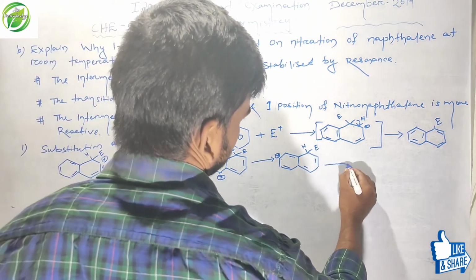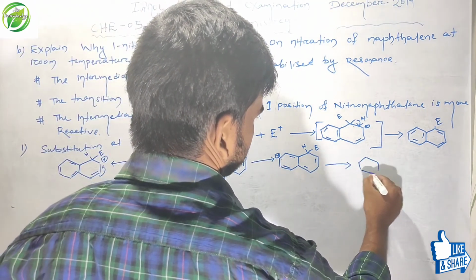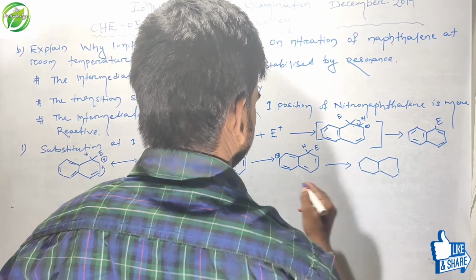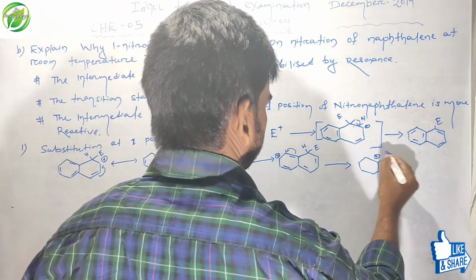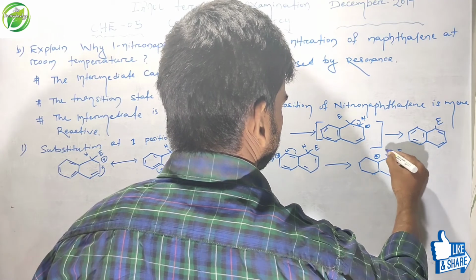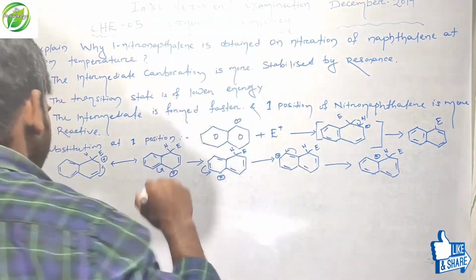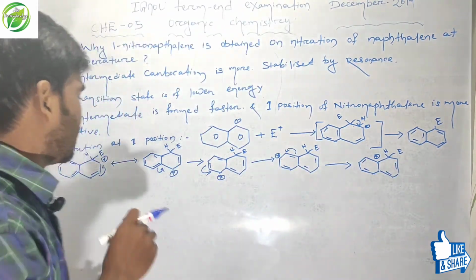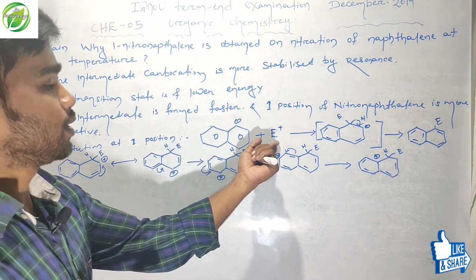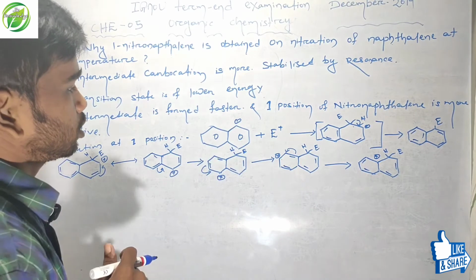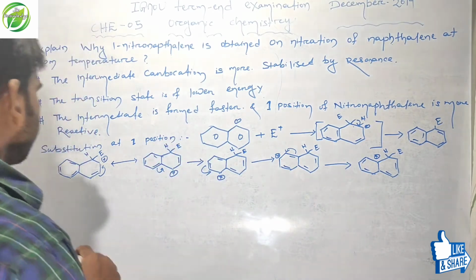The next resonance structure is this. These are the 5 resonance structures formed when the electrophile attacks the first position of naphthalene.